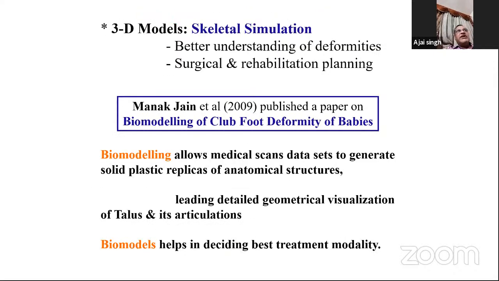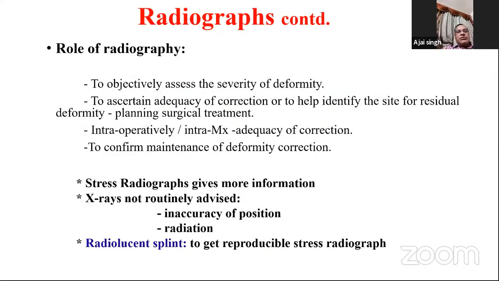This decreases the chances of recurrence of the deformity. We have to understand that the stress radiograph gives more information, and if we are using X-rays, there are now radiolucent splints, and under the cover of the splint, we should go for X-rays.